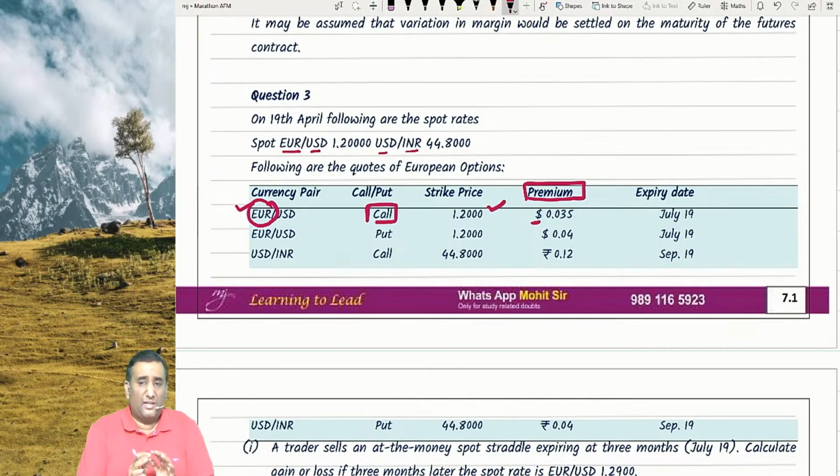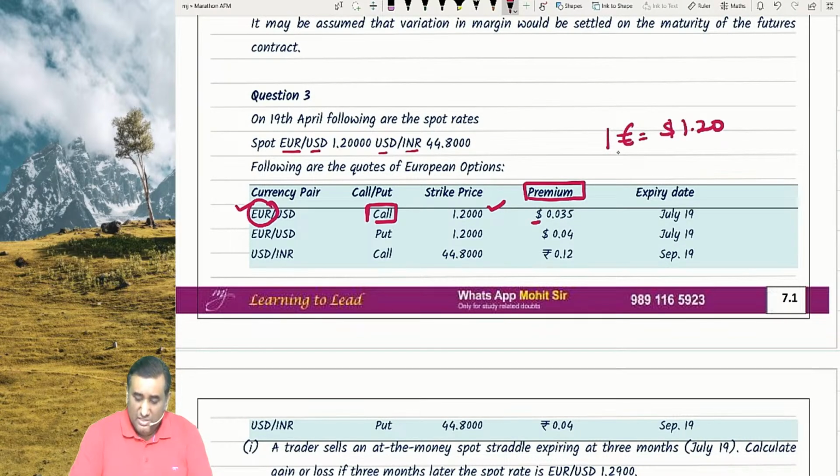Because the moment I read euro USD, it will be confusing. I'll say this is $1.1. If let's suppose I was taking C plus on Idea, and the strike price was 1.2, I'll say I'm buying the call option on Idea at 1.2 and I'll benefit when the price goes above 1.2.